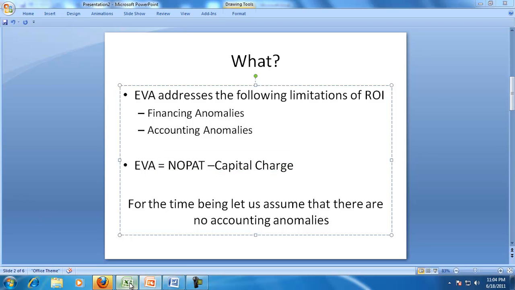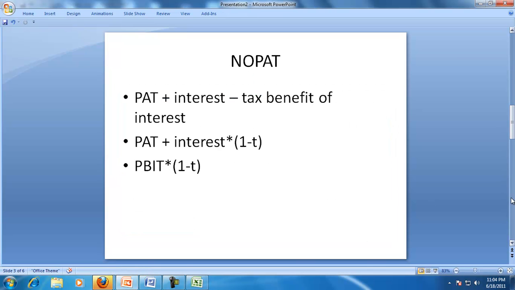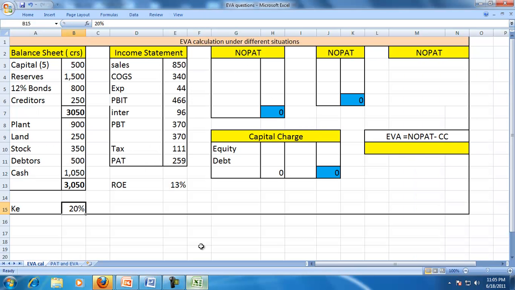So the NOPAT can be calculated as profit plus interest minus the tax benefits of interest. Let us go back to our Excel.